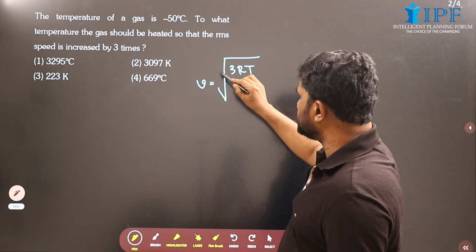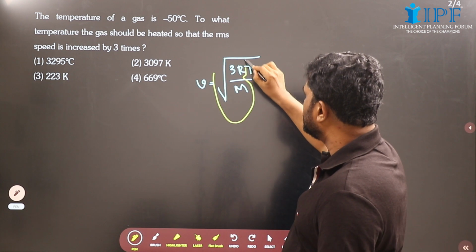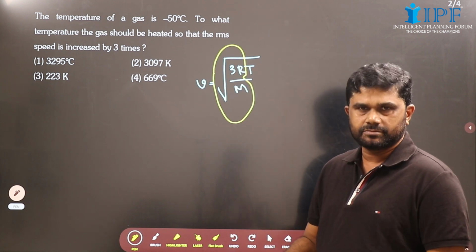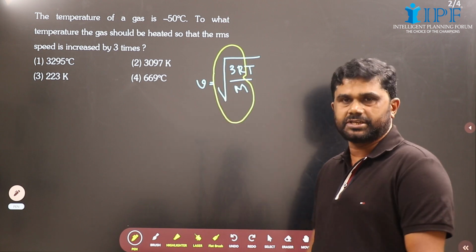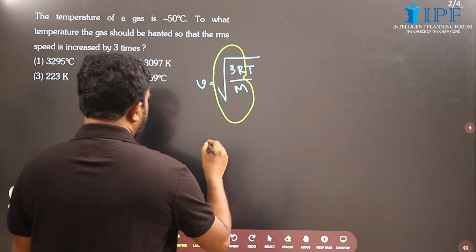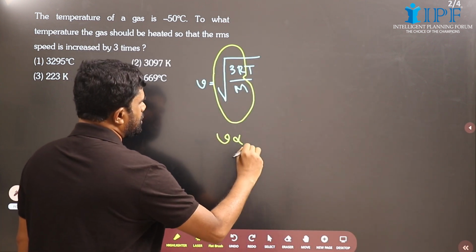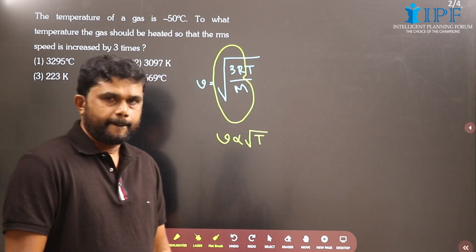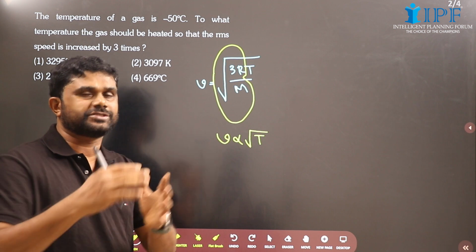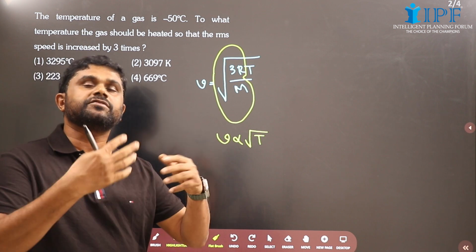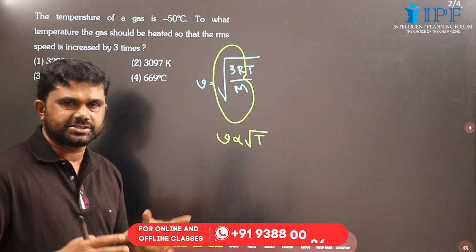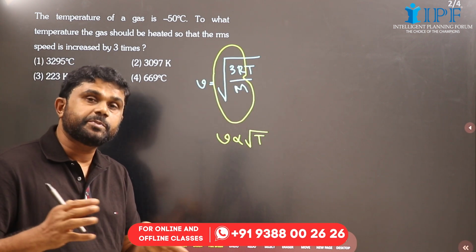In both cases this much remains constant, so equal to can be replaced by proportional to. Usually when we write V proportional to square root of temperature and replace proportionality by equal to, we put a constant. We can do it in reverse order also.